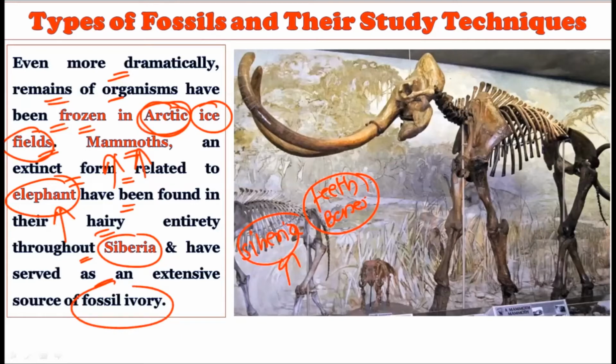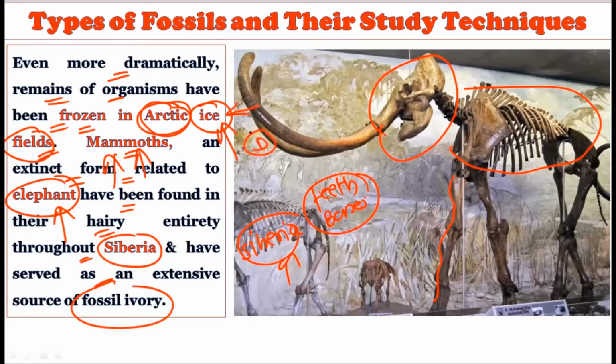As you can see in this particular picture, these types of bones are there, this type of head is there, then this type of trunk is there. All things are preserved. So we can see this particular mammoth today, because we have found it intact in the Arctic ice. As you know, ice is a very good way to get fossilized, because ice never exposes the body to decomposition.